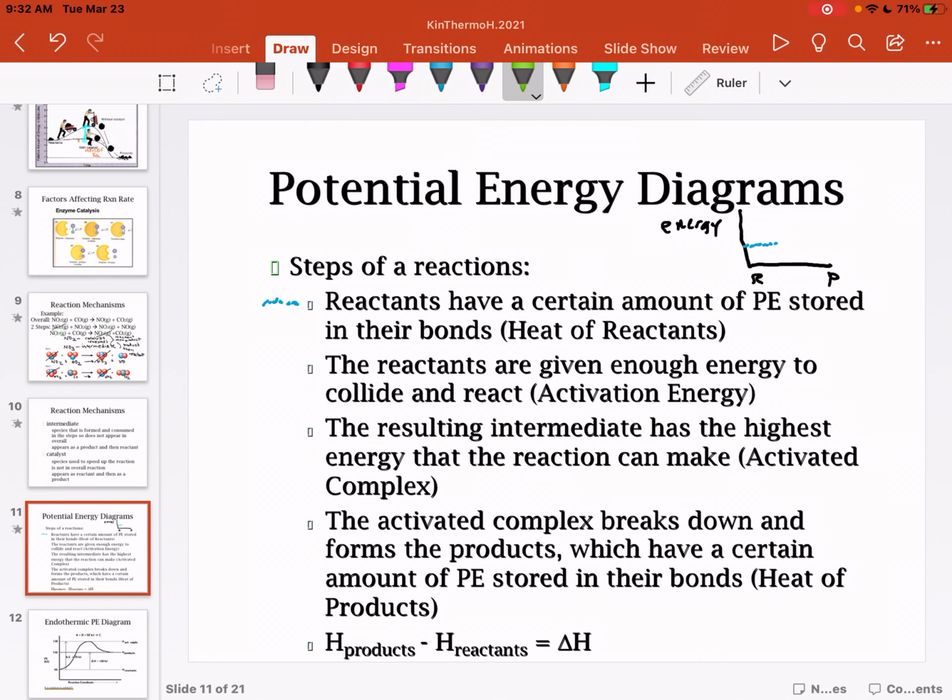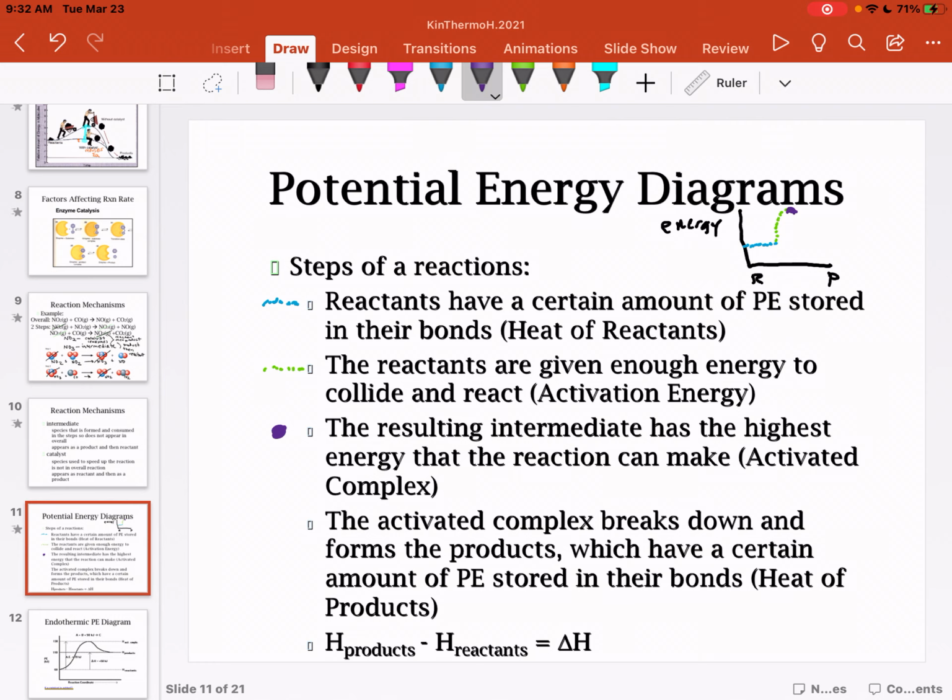Our old bonds are broken because we add energy to break those old bonds. And that is our activation energy, as we mentioned before. Our activated complex is our highest energy situation overall, and it sits right there at the top of that hill. We've taken the reactants and we've broken all of their old bonds.